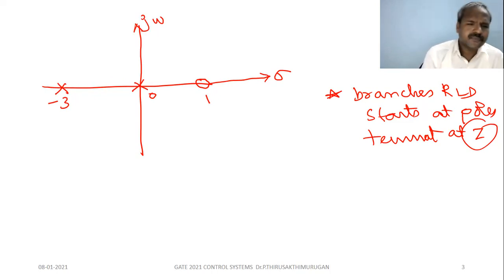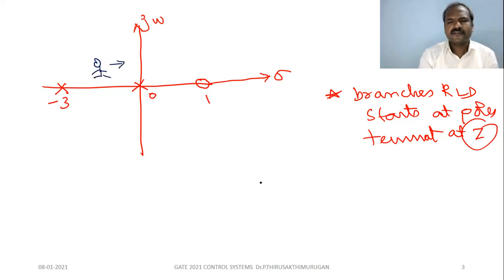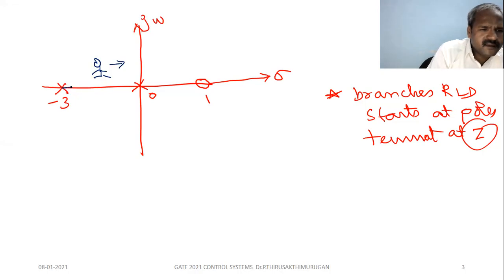Count the total number of poles and zeros in the negative left half of the real axis. Only one pole is here, so there will be a branch between these two poles.